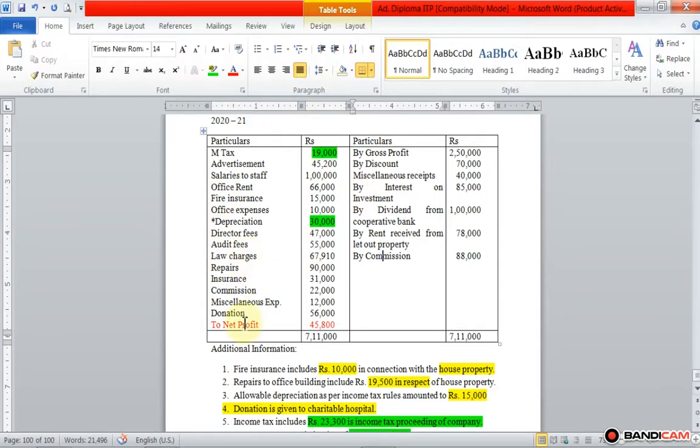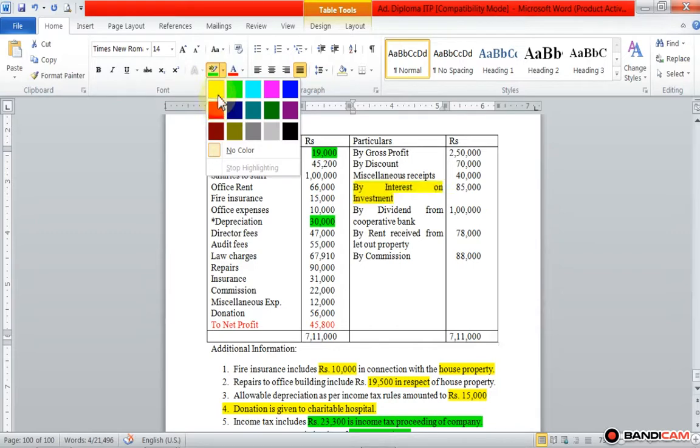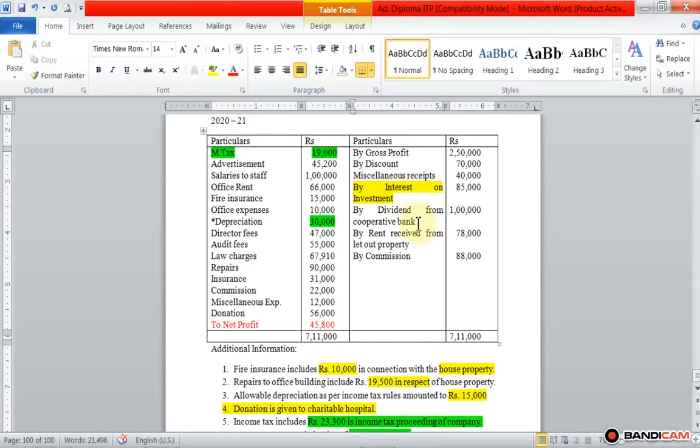Then we find the expenses which are not related to the business. Now we read the credit side: gross profit, and discount, which is income of the business, and miscellaneous receipts are income of the business. Interest on government securities is income from other sources, 85,000.